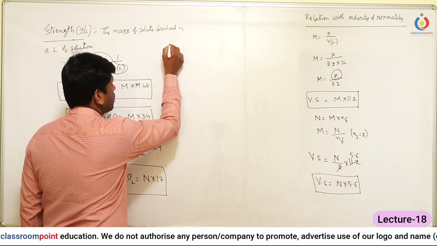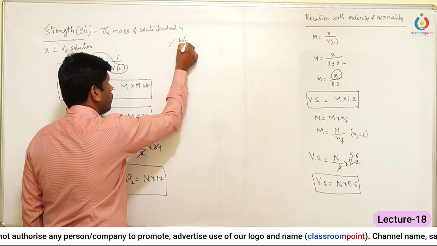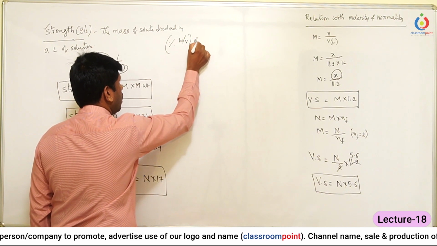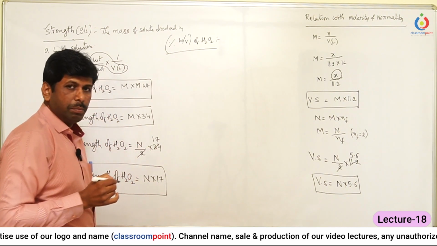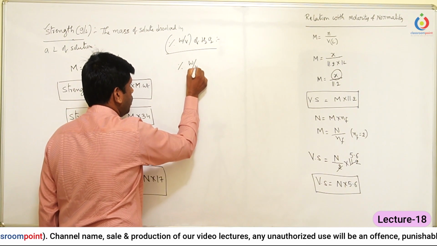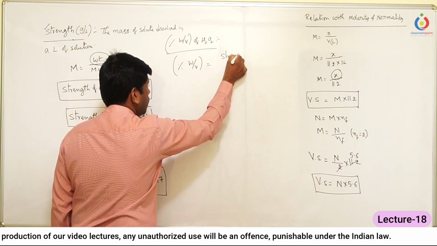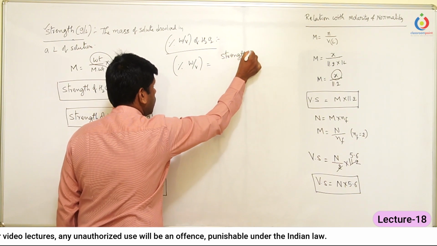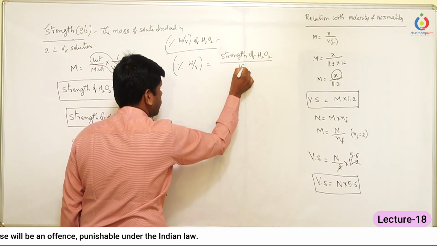Next, let us relate the same thing with the percentage weight by volume of H2O2. So these are very simple to relate. Percentage weight by volume of H2O2 is equals to strength of H2O2 divided by 10.